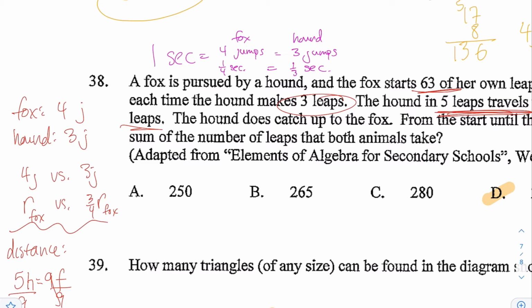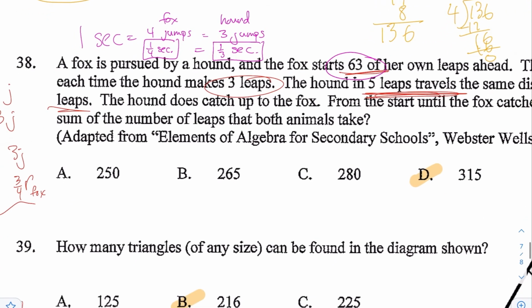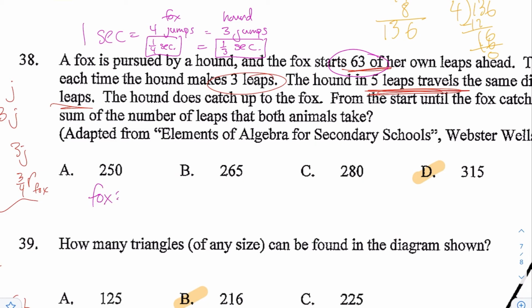So here, when you have these rates for the fox and the hound, you have the timing. In terms of the time, you know that the fox starts out 63 of her own leaps ahead. So for the fox, you have a head start. It's 63 jumps. And you'll be adding 4 jumps every second, so that's using this unit rate. You could say 4j, that's per second.